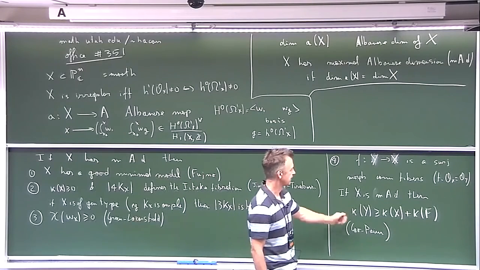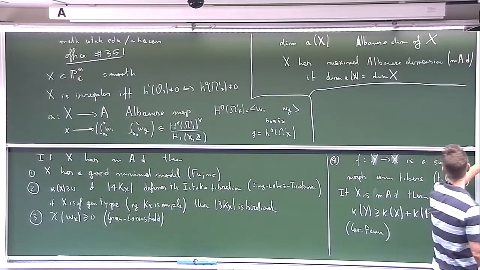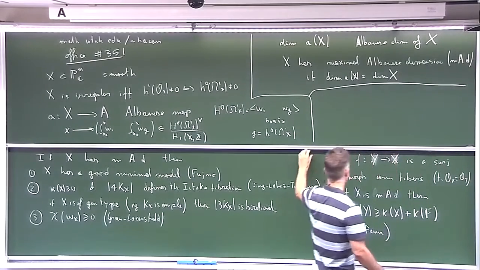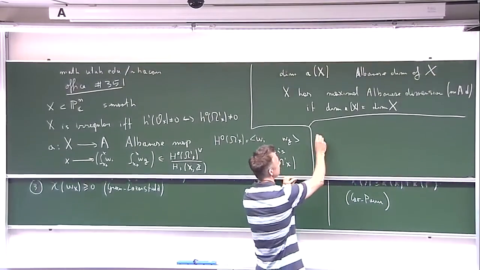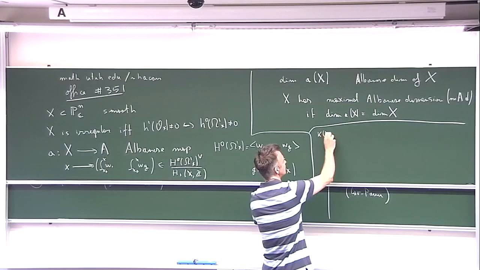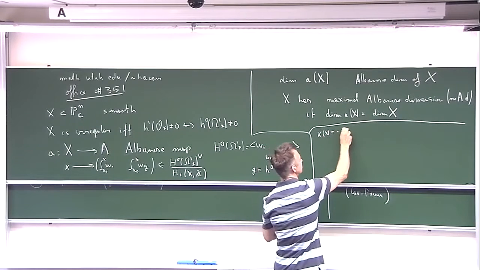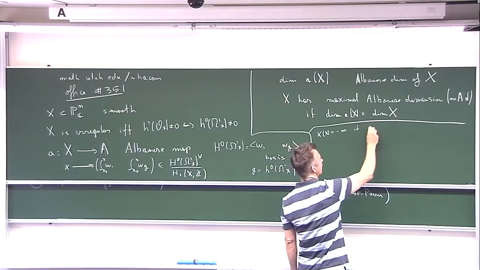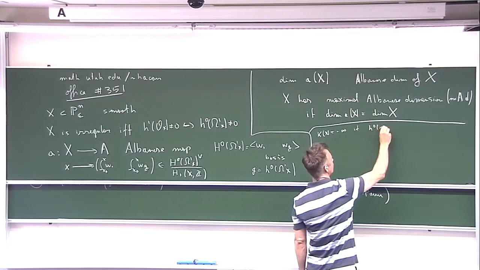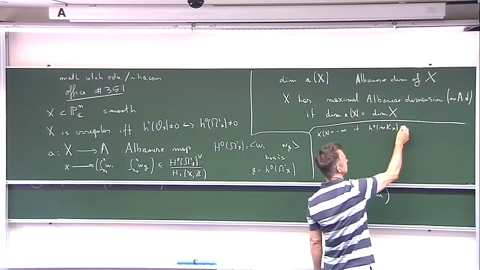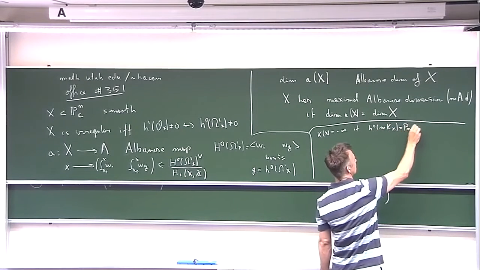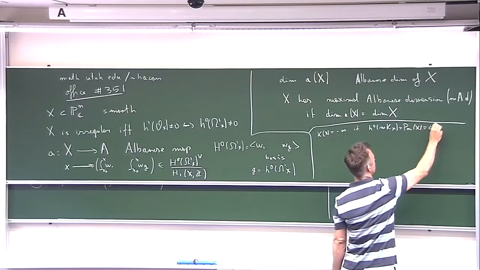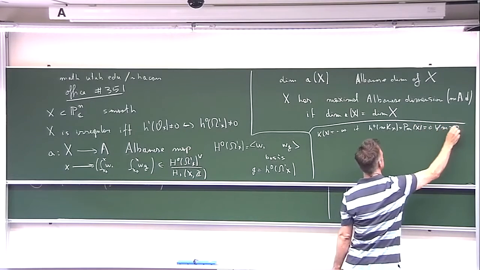So maybe I should remind you what these symbols mean. What does the Kodaira dimension of X mean? The Kodaira dimension of X is assumed to be minus infinity if h^0 of mK_X, these are known as the m-th plurigenera of X, is 0 for every m greater than 0.